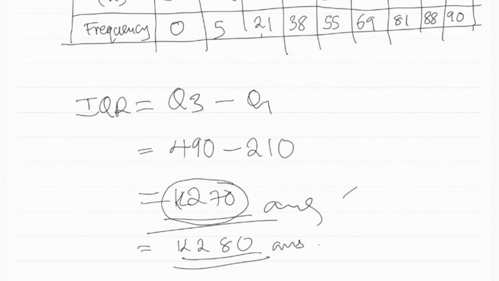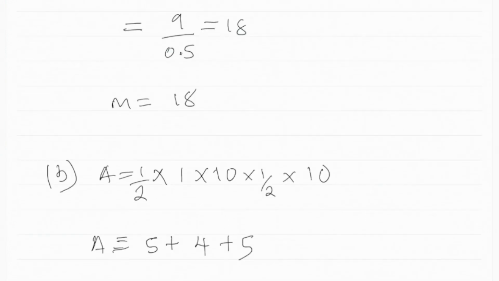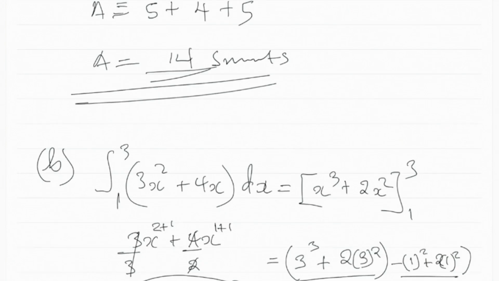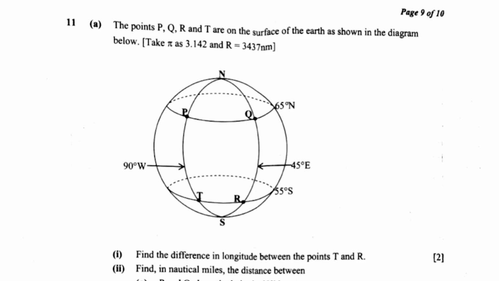Right. So from here, now we are going to move on and look at question number 11 in 2019 paper 2. Question number 11 is on earth geometry.